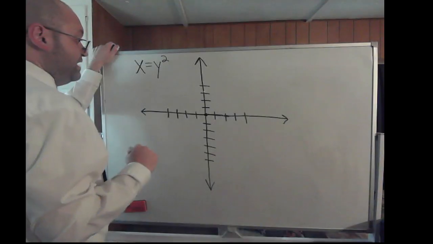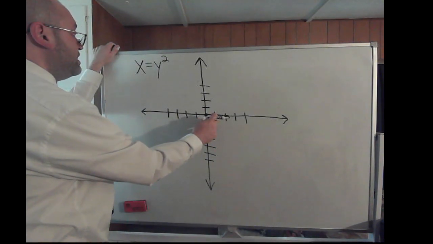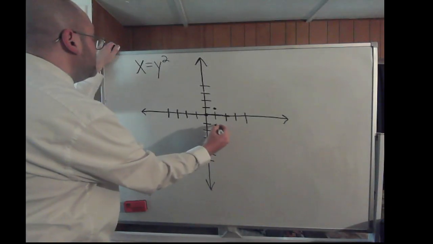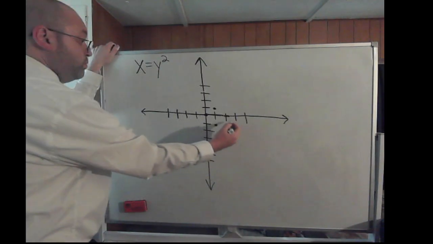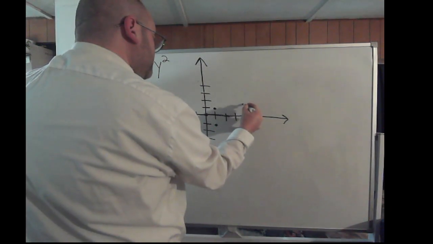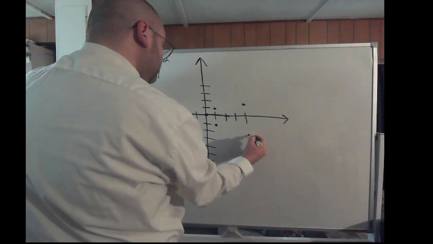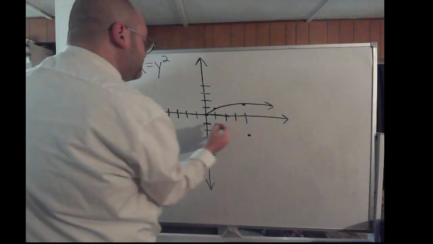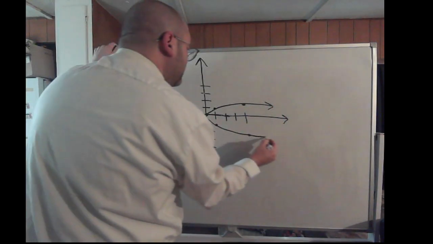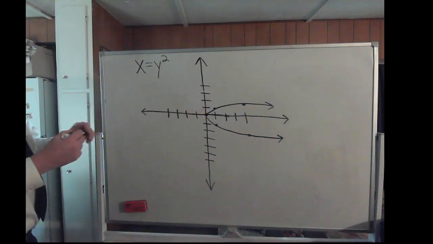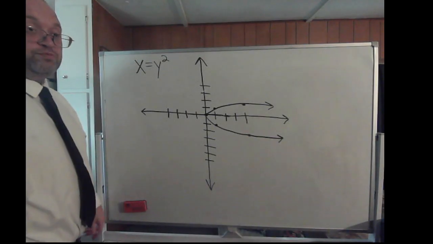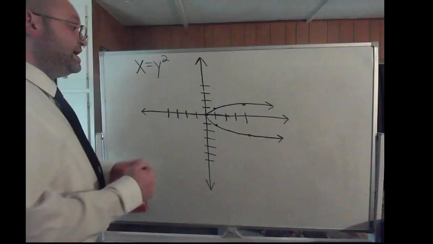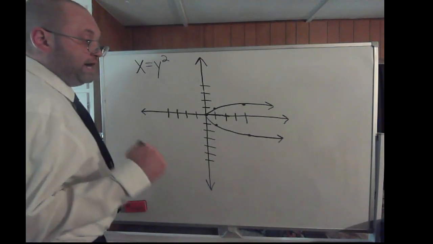Now, if x is 1, y would be plus or minus 1. If x is 4, y would be plus or minus 2. So what you get, this is still considered a parabola. And we're going to learn about different types of parabolas. Definitely in Algebra 2 it gets more introduced when we do something called conic sections. We'll talk more about parabolas at that time.